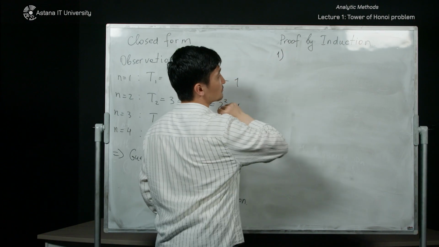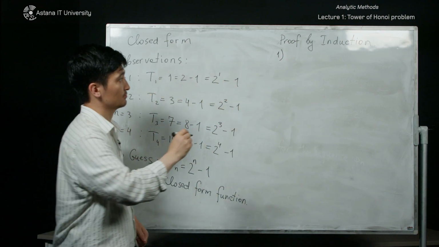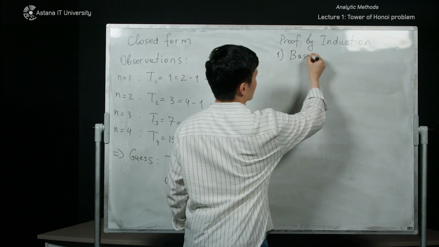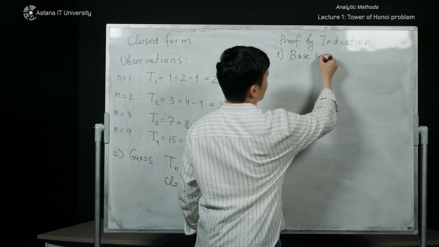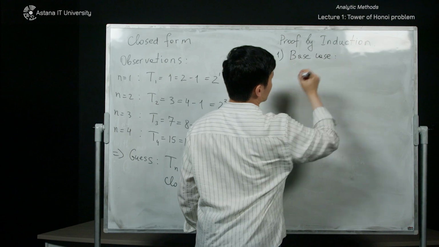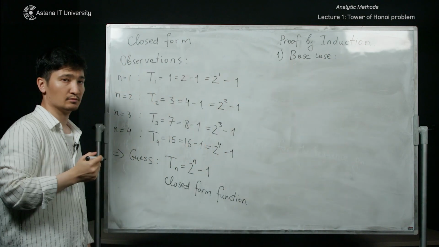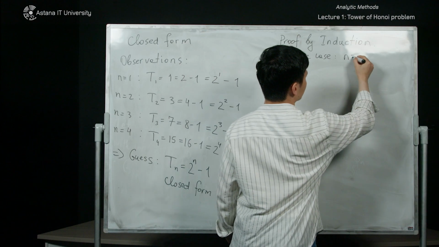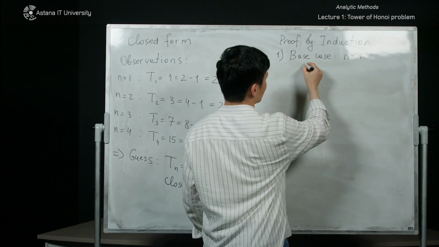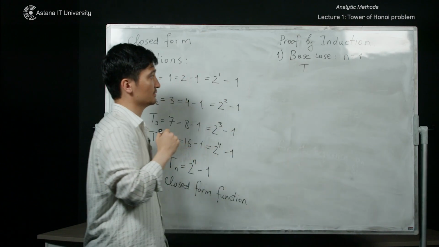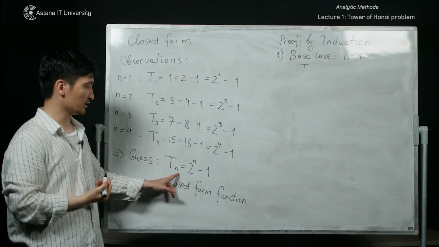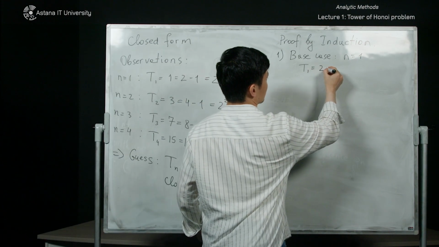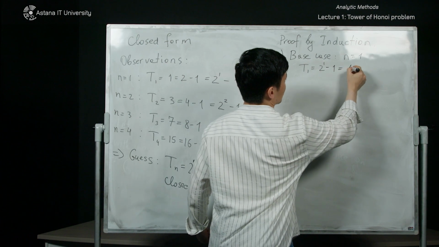Step 1, you have the base case, which is basically when n equals 1, right? And when n equals 1, I see that I have 2 to the power of 1 minus 1, which equals 1.